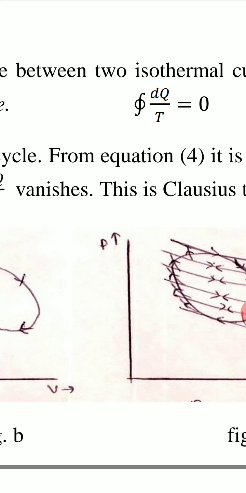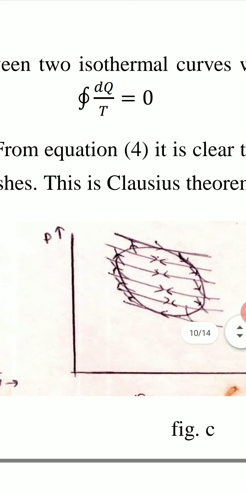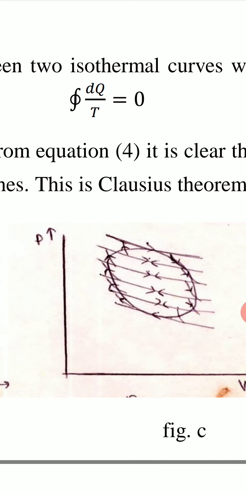So integral dq upon T equal to 0, and integral is for a closed reversible process. This is Clausius theorem. The quantity dq upon T inside the integral is an important quantity, and it represents ds, change in entropy. So dq upon T is equal to ds, and integral of dq upon T is 0 according to Clausius theorem.